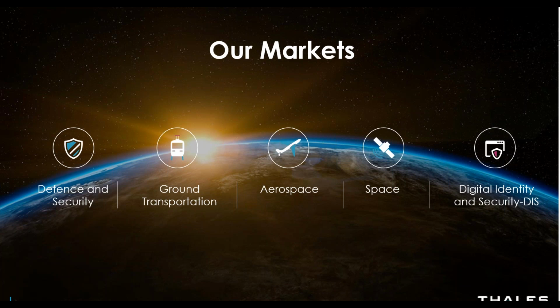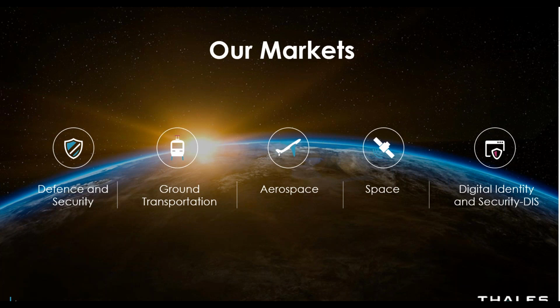If we look into ground transportation, they specialize in things like train systems and network infrastructure. In aerospace, Thales specializes in avionics and air traffic control systems, connectivity in aeroplanes, both civil and military aviation.